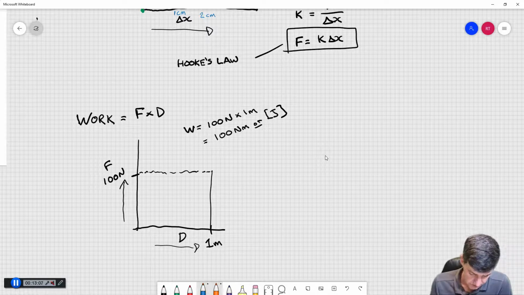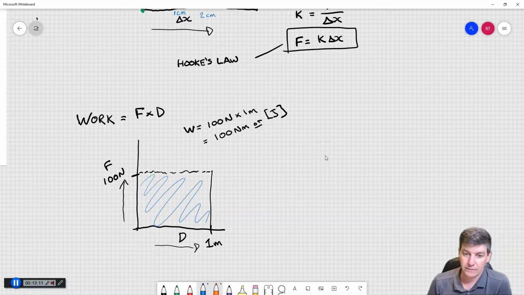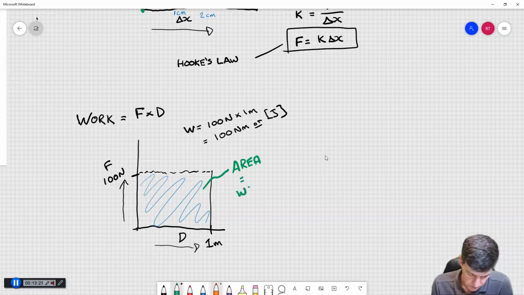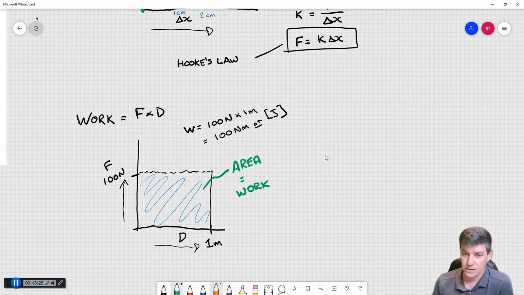And the result of that is that I've created a rectangle. And that rectangle shows up on the graph. And the importance of that rectangle is that my area is equal to work. So the area of a graph of force and distance is going to relate to work.